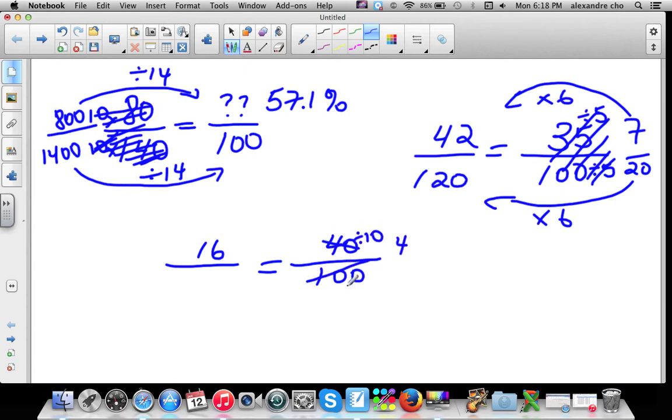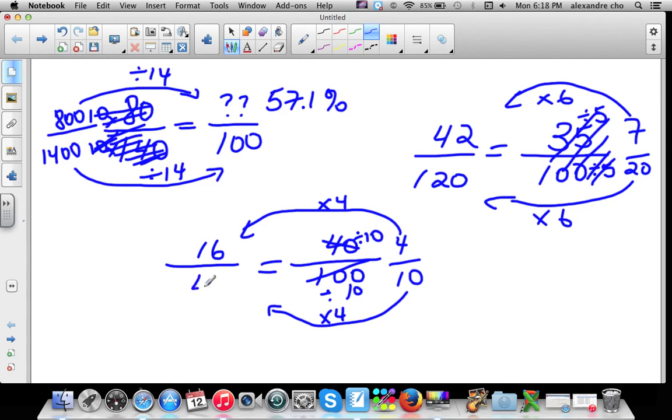And here, 100 divided by 10 gave you 10. Nice relationship between 4 and 16. 4 to become 16 is times 4. And you're going to apply that same thing at the bottom, which would be times 4. And 10 times 4 gives you 40. So, how many teachers are in the school? There are 40 teachers in the school. Okay.